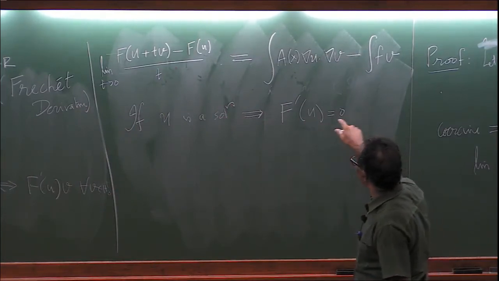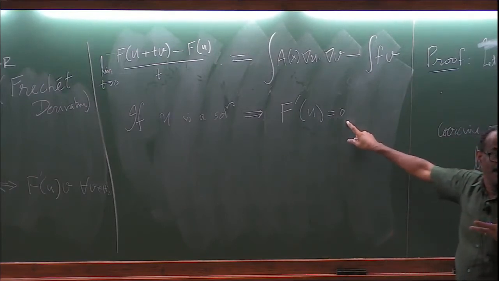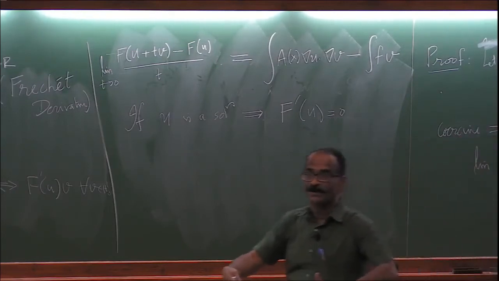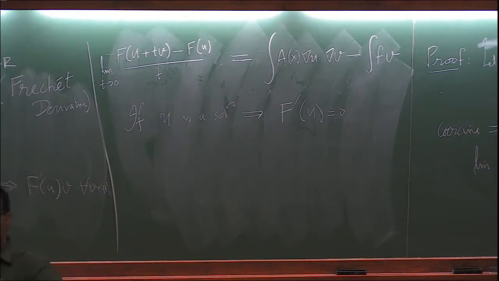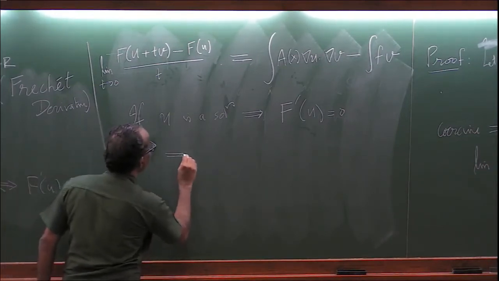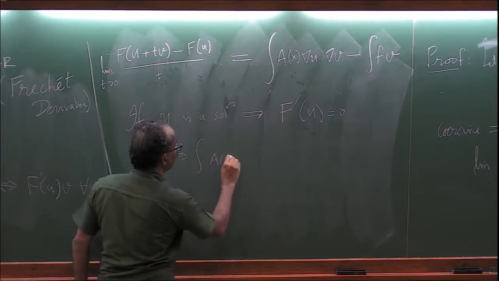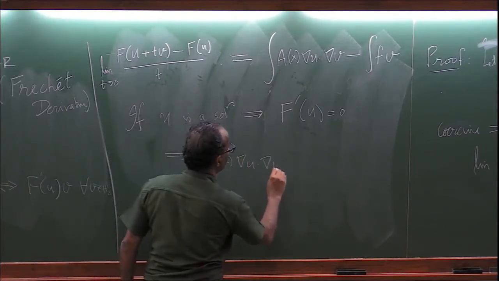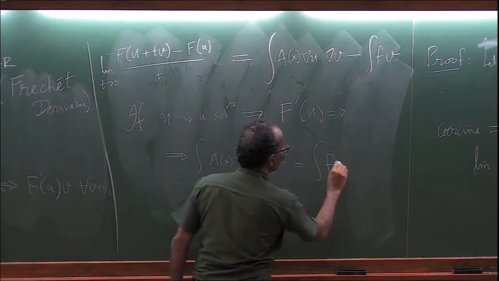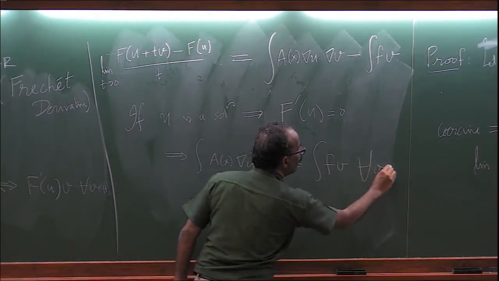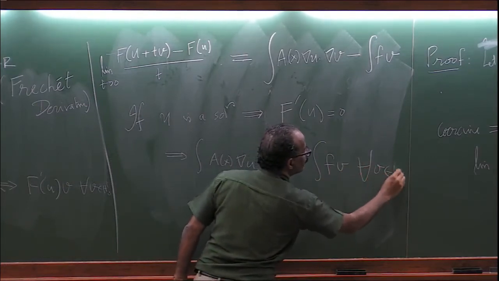But what is the meaning of linear functional being 0? Linear functional is 0 means its action at every point is 0. What does that mean? This implies integral of a of x grad u of x grad v equals integral of fv. It should happen for all v in H1 naught.